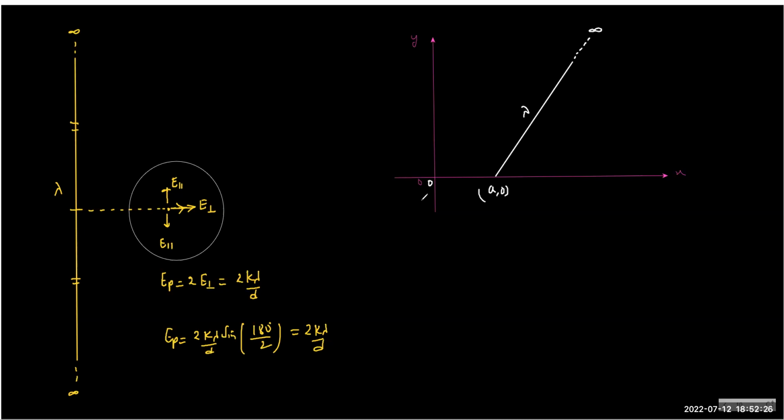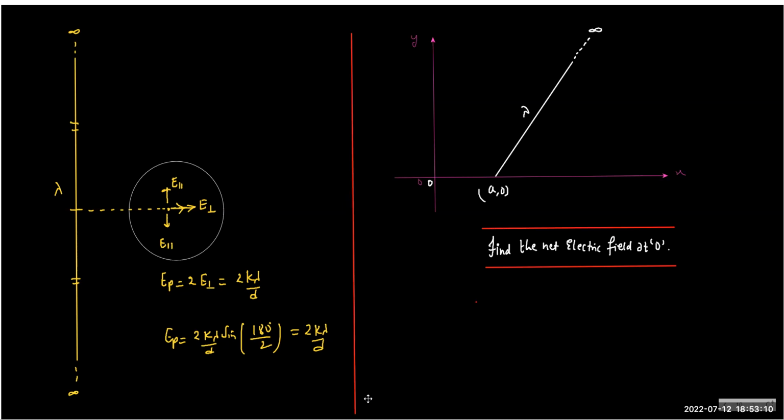So the question is: find the net electric field at point O. You can take 5 minutes to solve, then we'll come back.